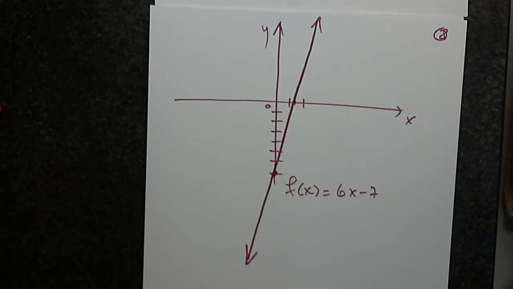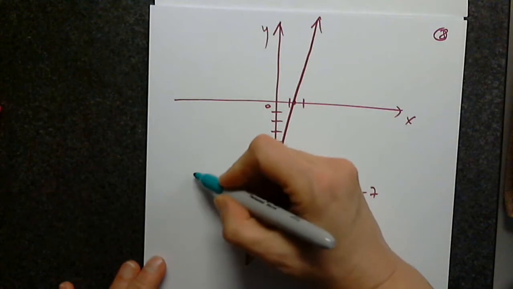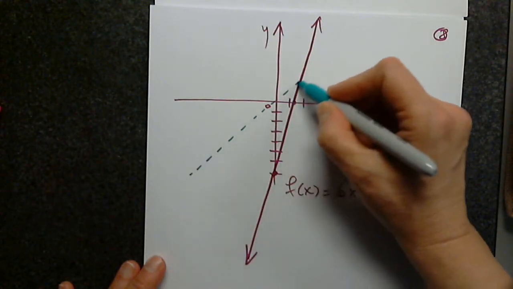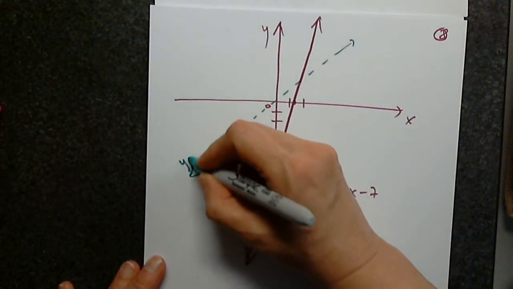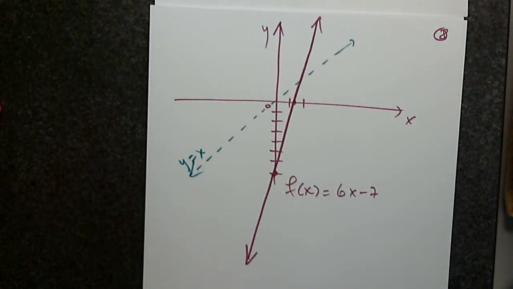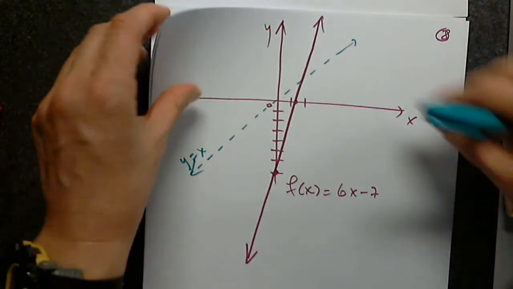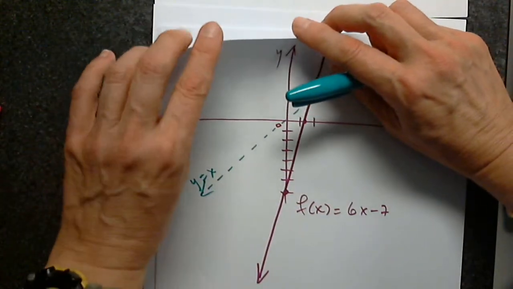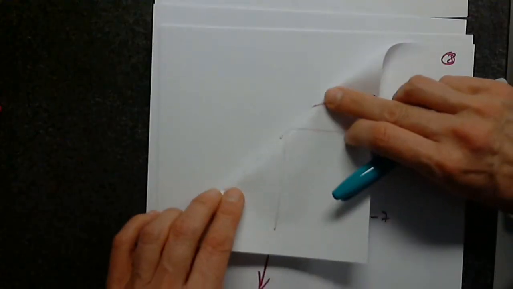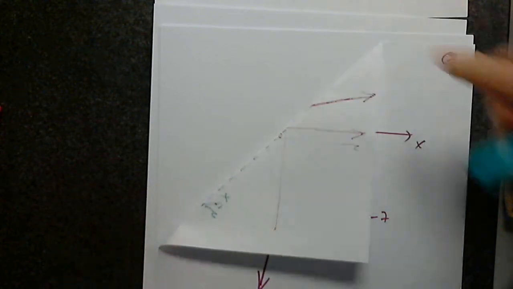No problem. Why am I graphing y equals x? Who cares about y equals x? Because we know that the graph of a function and the graph of the inverse will always be symmetric with respect to the line y equals x.